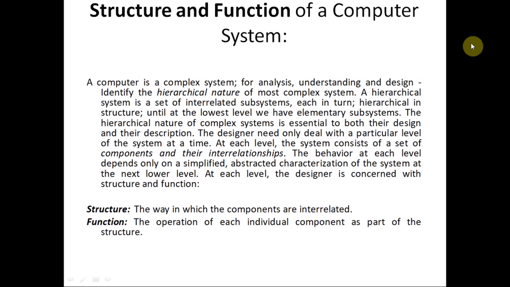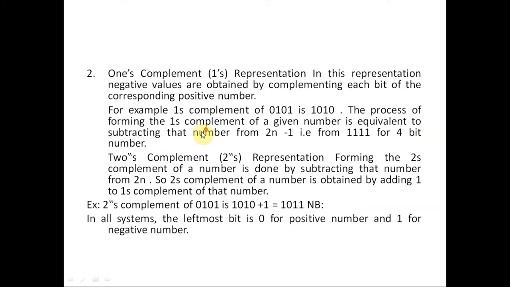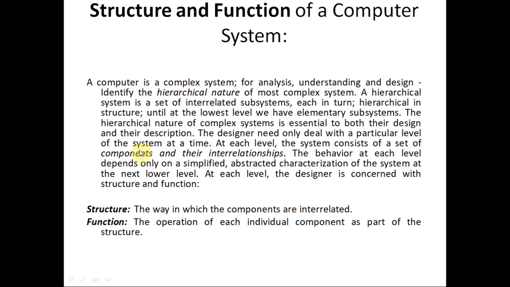Then we are going for the structure and function of a computer. A computer is a very complex system for analysis, understanding and designing, so we identify the hierarchical nature of most complex systems. A hierarchical structure, all things, it is theory, you can study there, no problem. Then the second one, structure and function. The way in which the components of the computer are interrelated, we call the structure.